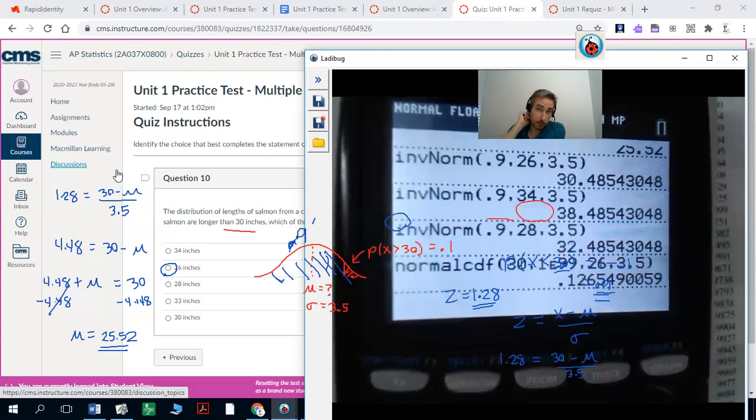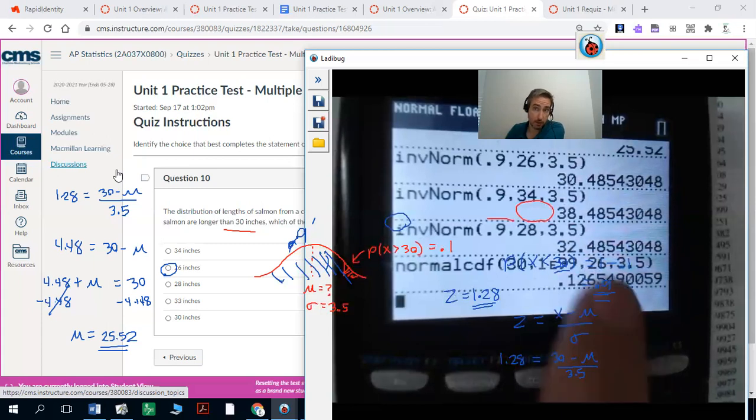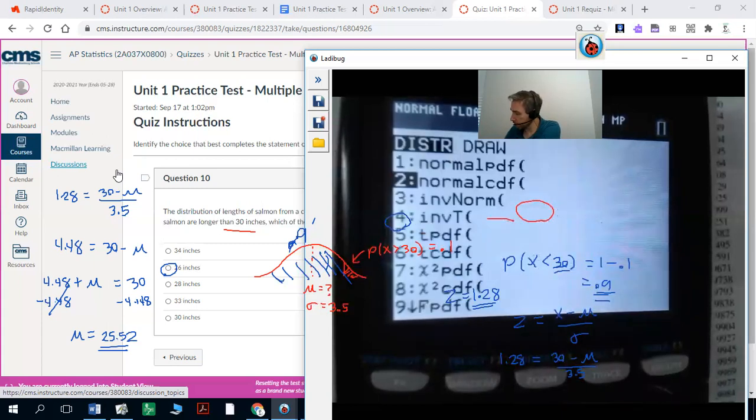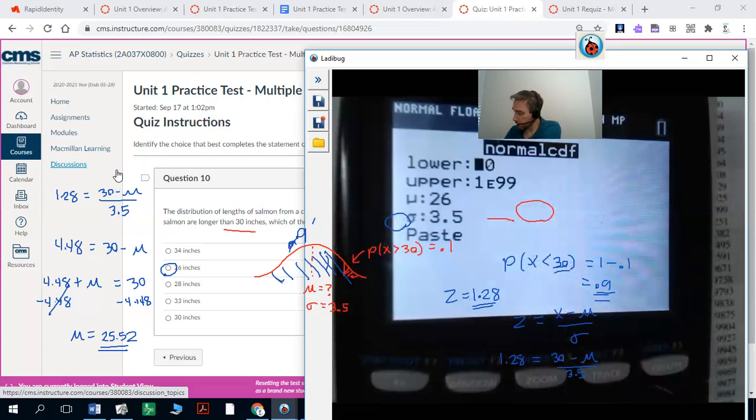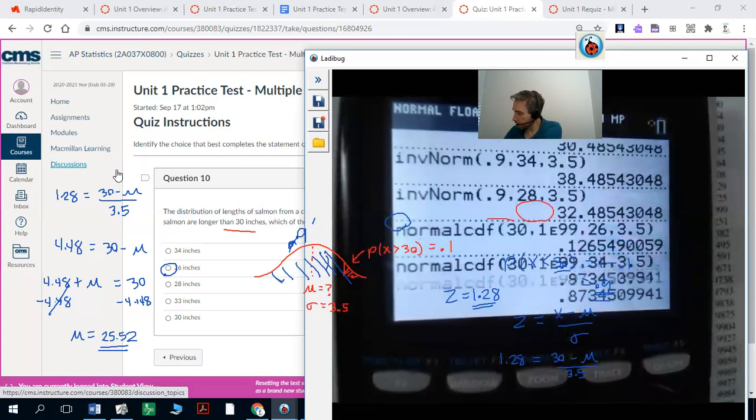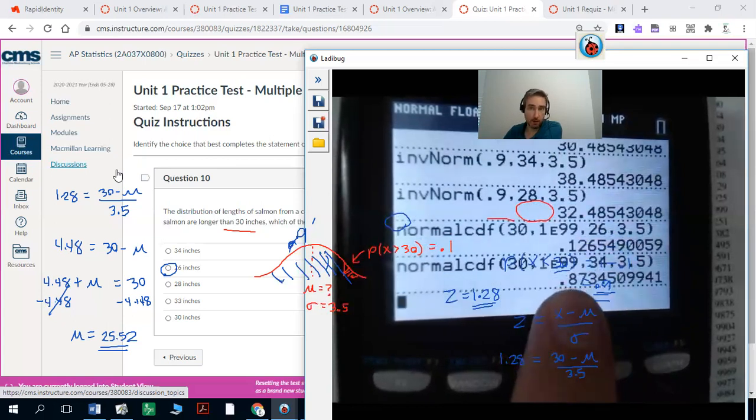And 10% seems not too close to that. So let's check the other ones. Let's say it was 34 we checked. Well, that's even way off. Let's check 28, 33, and 30.